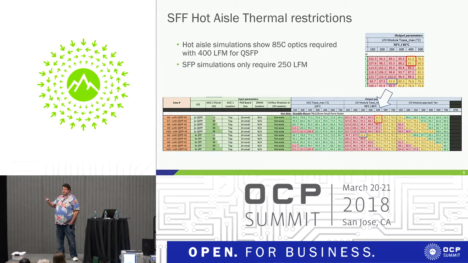Again, it's kind of an eye chart, but basically what we wanted to do in this first generation, probably releasing sometime next year, is 25 gig was a requirement with optics in the hot aisle, and 50 and 100 gig were stretch goals. And 25 is not a problem. You can see evidence of these cards in the expo down here. We know those are going to work, and we're working on the 50 and 100 right now to see what we need to do on a system level to get those cards to operate.